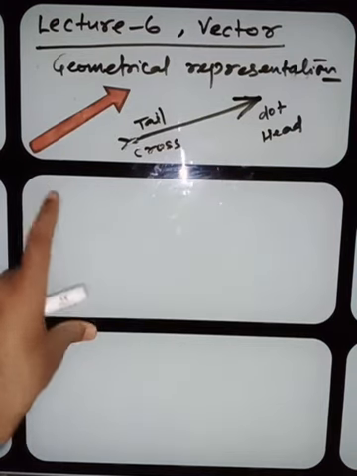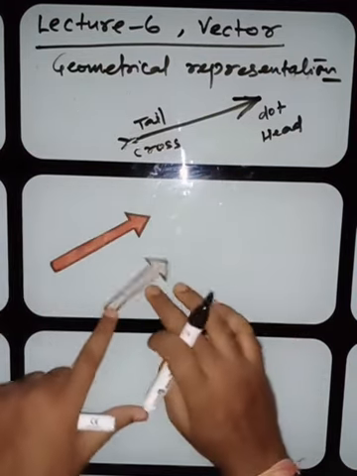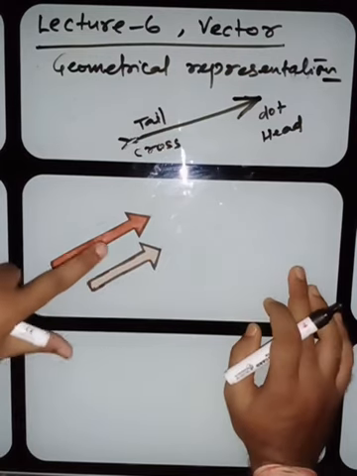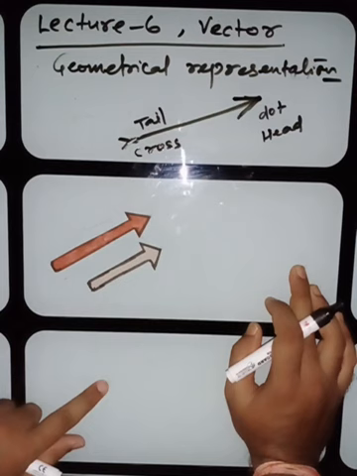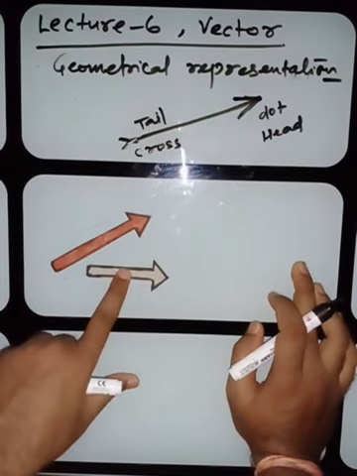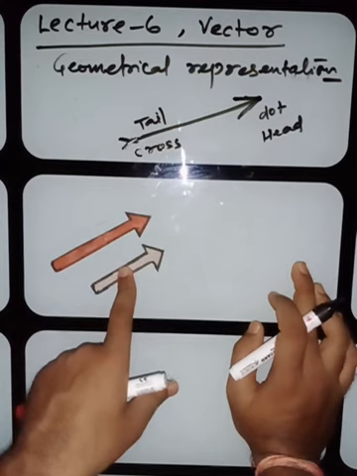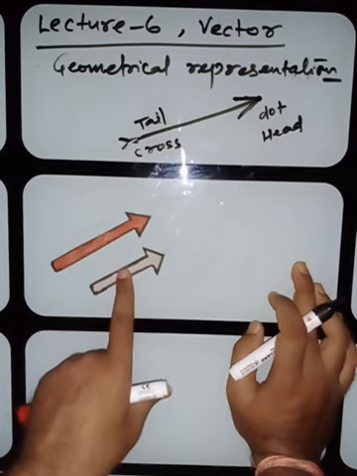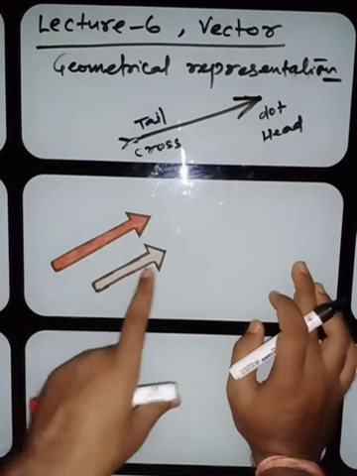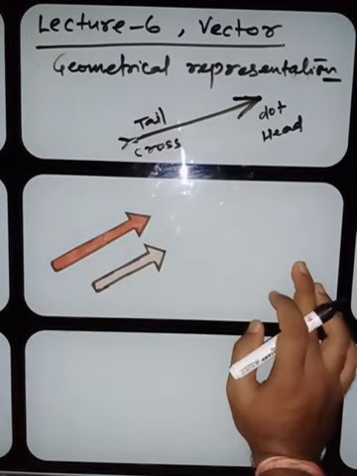For example, this vector is greater than this vector, although both vectors have the same direction. You can see the same direction here. If I change the direction, yes, the direction changes, but in this way the direction is the same, but the magnitude of this vector is a little larger than this vector.